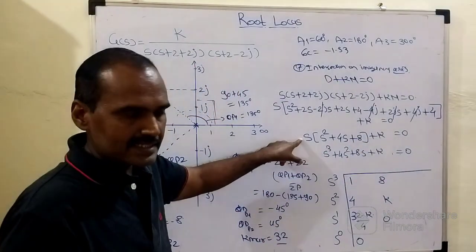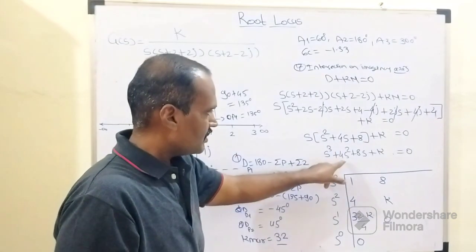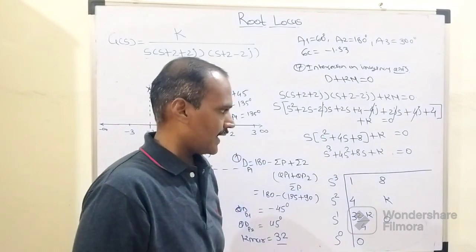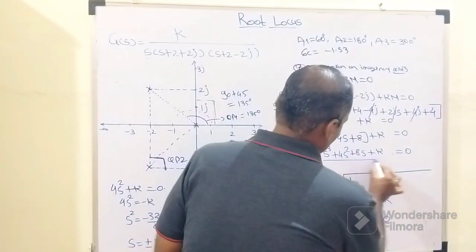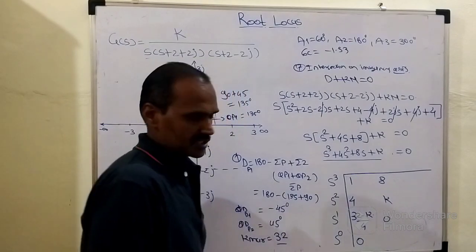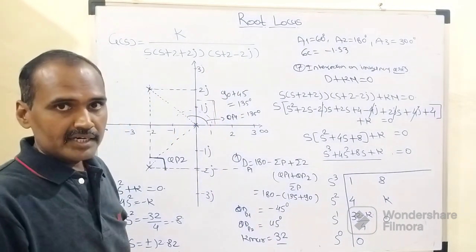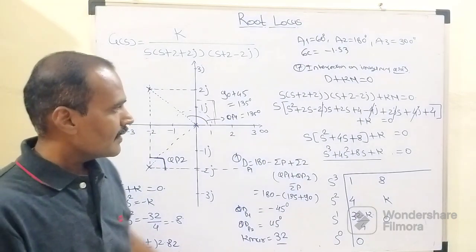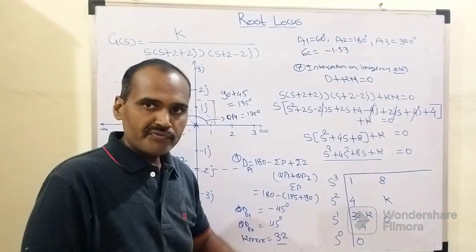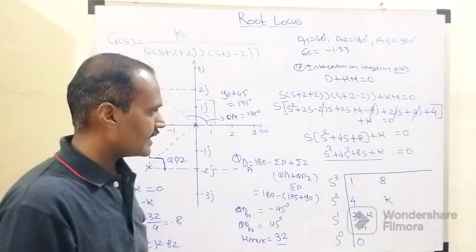So one more time, when s is multiplied within this parenthesis, we get s raised to 3 plus 4s square plus 8s plus k. This will be the characteristic equation for that given unity gain feedback system, whose open loop transfer function is given. Then in order to determine its intersection on the imaginary axis, we need to declare the coefficients of the Routh array according to Routh's stability criteria.